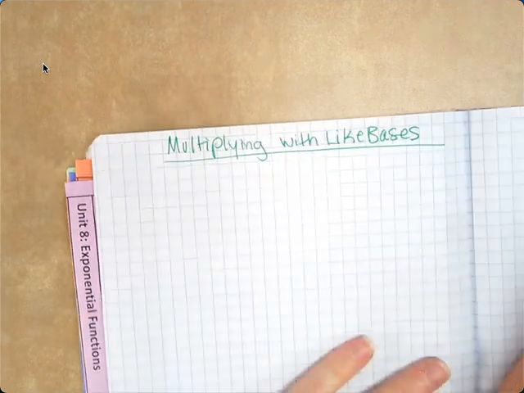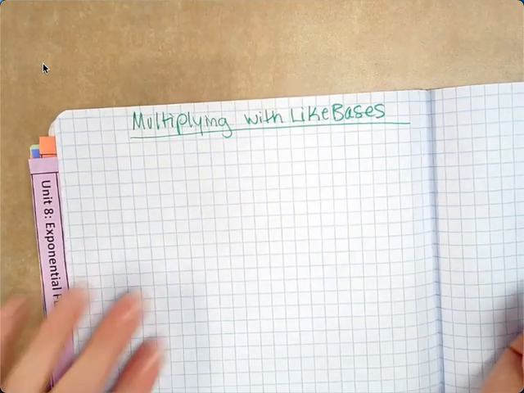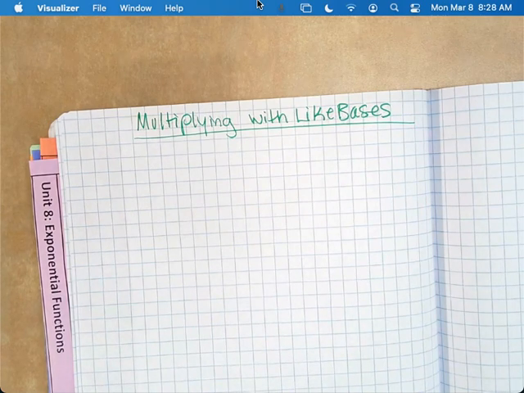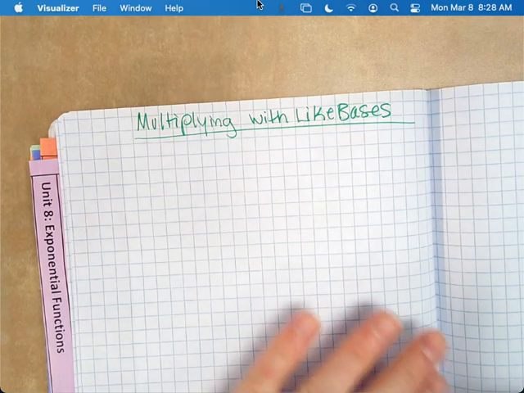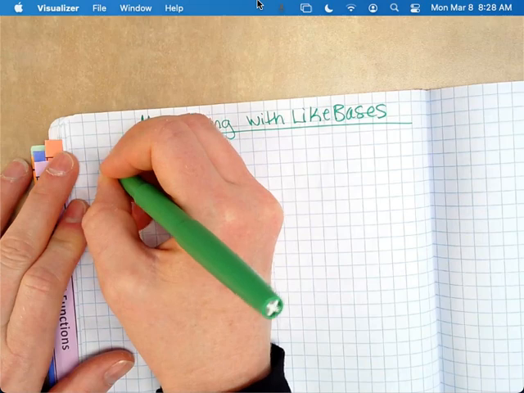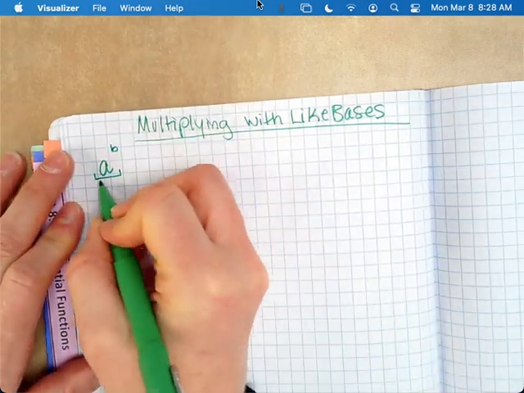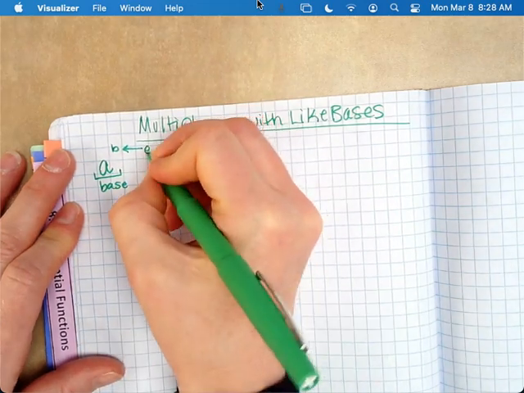So go ahead and title it. We've been talking about exponents. Let's find some more equivalences and simplify some expressions. So just a reminder, a to the b. A is your base, and b is your exponent.